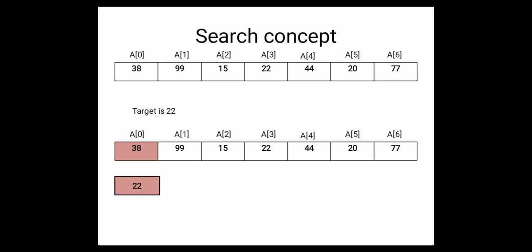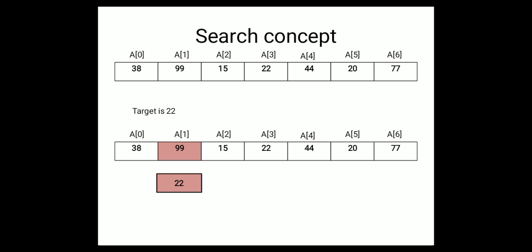The comparison generally starts from the first element of the list, that is A of 0. So we'll check for equality. Whenever equality is found, you say that the element is found. So compare 22 with the first element of the list, which is 38.